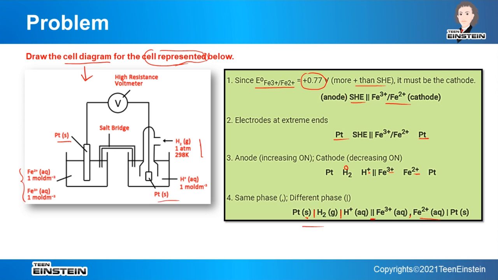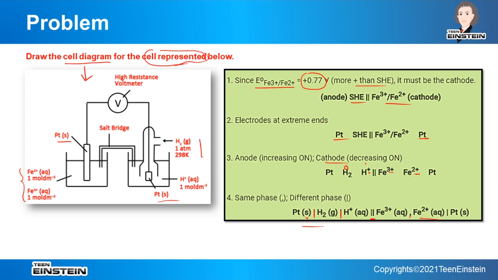In this way you can directly write it, but first you have to select which one will be cathode or anode. After that you select the electrode, because in the cell representation, at the starting point and end point on both sides, there is an electrode. Then we choose the initial and final oxidation state of the species in the anode, and also the initial and final oxidation state in the cathode.